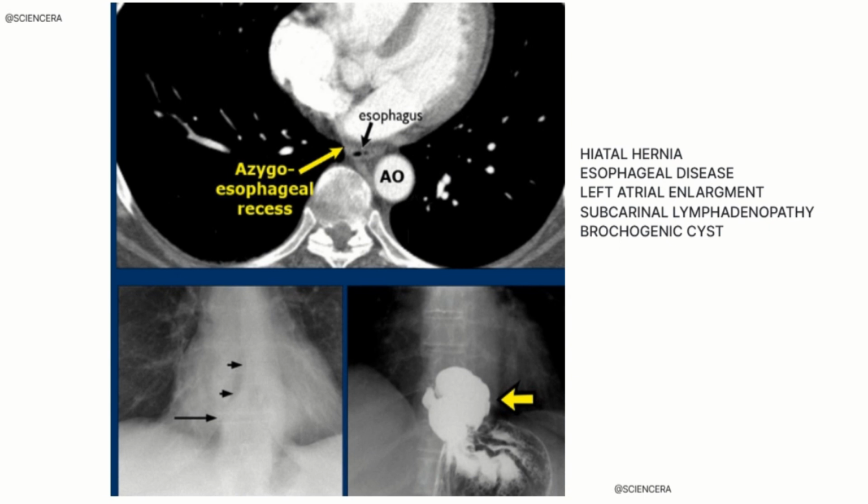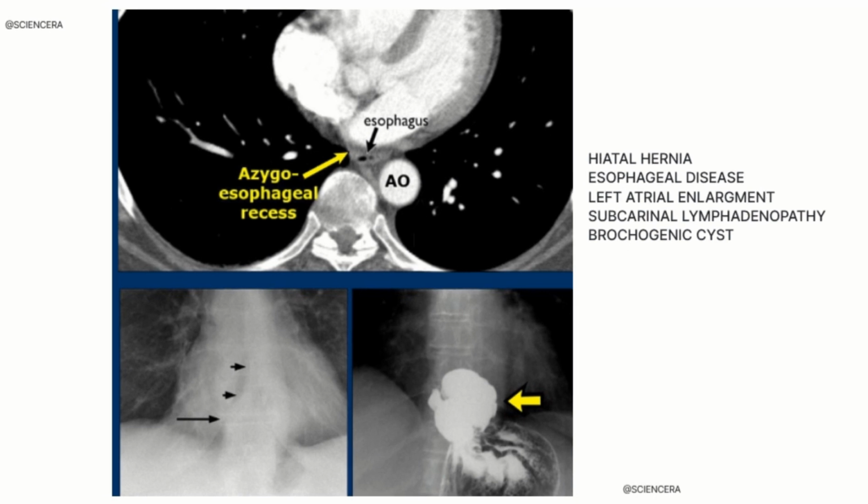So this is the overview of the azygoesophageal recess. The five reasons which indicate that there is a problem in the recess area, which doctors look at, are hiatal hernia, esophageal disease, left atrial enlargement, subcarinal lymphadenopathy, and bronchogenic cyst. So these are the five reasons.